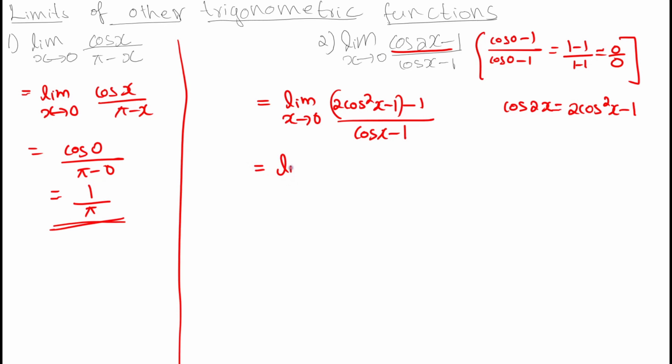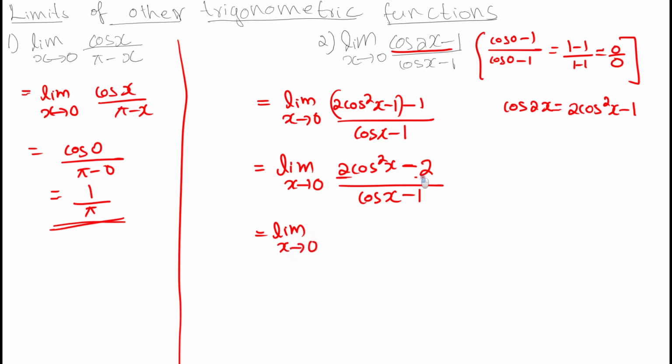Next step, see, limit extending to 0, 2 cos square x minus 1 minus 1, it's equal to 2 cos square x minus 2, divided by cos x minus 1 is there. Next step, limit extending to 0. Here 2 is there, here 2 is there, so take 2 outside. So that cos square x minus 1 divided by cos x minus 1 is there.